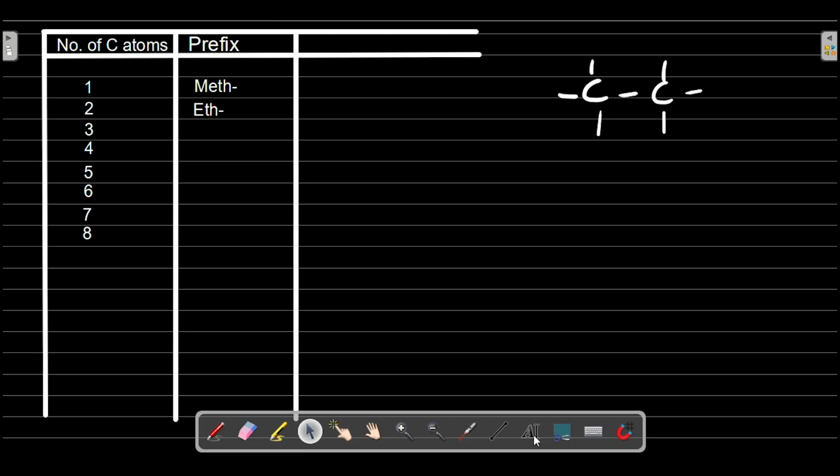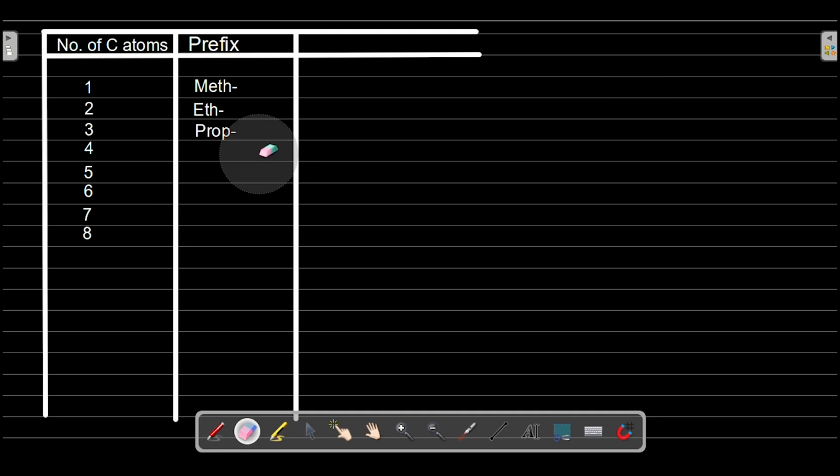We've already explored 3 in our earlier examples, and we had prop. That's where the prefix prop came from, for 3 carbon atoms. So we had propane, we explored what propene looks like, and we explored what propyne looks like.